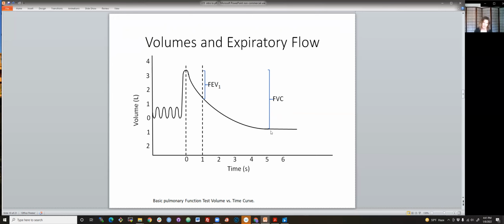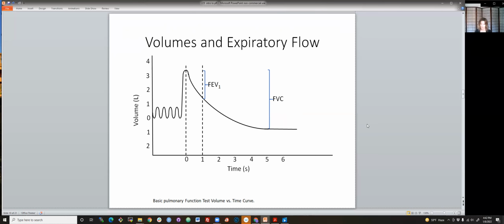If we draw the line all the way across, it looks like we were about 0.5 at the end of that complete expiration, and at the top we were about 3.5. So we probably exhaled about 4 liters. Now our FEV1 was 2, but our FVC was 4. So 2 divided by 4 is 50%. That would mean we have an obstructive disorder.